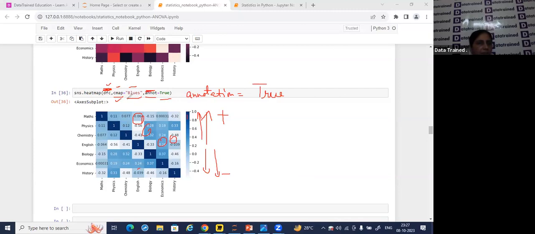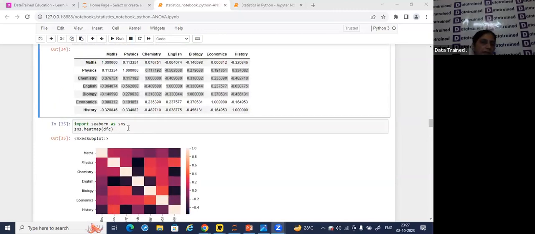And color map is here. Whatever color I want to put, I can put. Default color is this one.